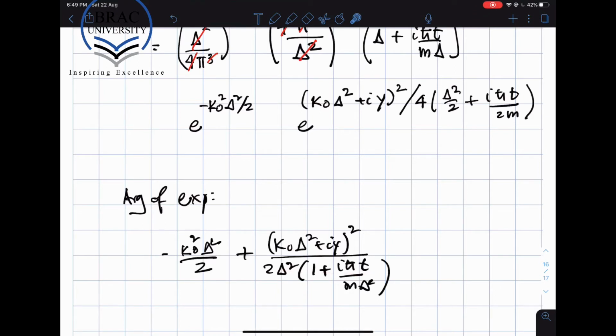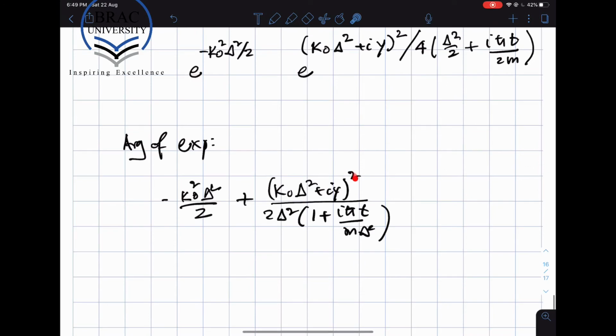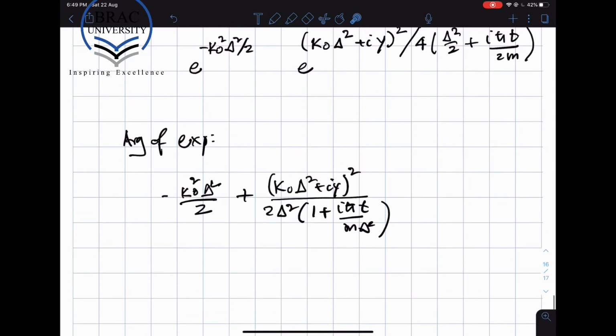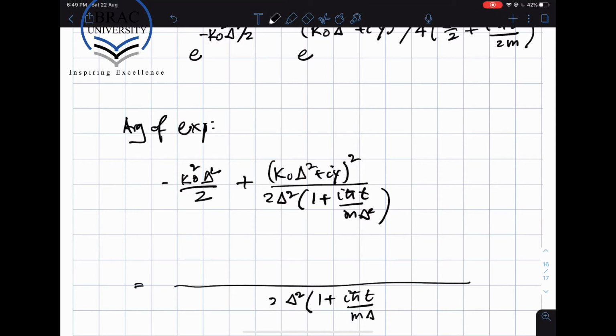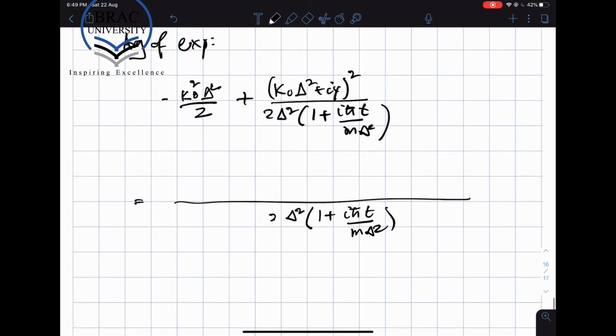After we have written this, we can expand the whole square and then add these two terms. So if I do that, then of course in the denominator, I'm going to get 2 delta squared (1 plus i h bar t by m delta squared). And then in the numerator, the first term is going to be k squared delta squared, because it has a factor of 2 here, only this guy will be multiplying this.